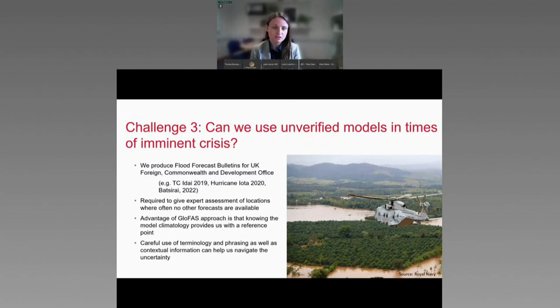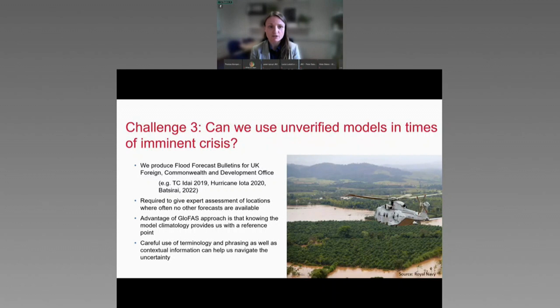So we at the University of Reading and the Climate Centre now are producing flood forecast bulletins for the UK government, and we've been doing that since Tropical Cyclone Idai in 2019. And we're often required to give that expert assessment in locations where there are no other forecasts available.